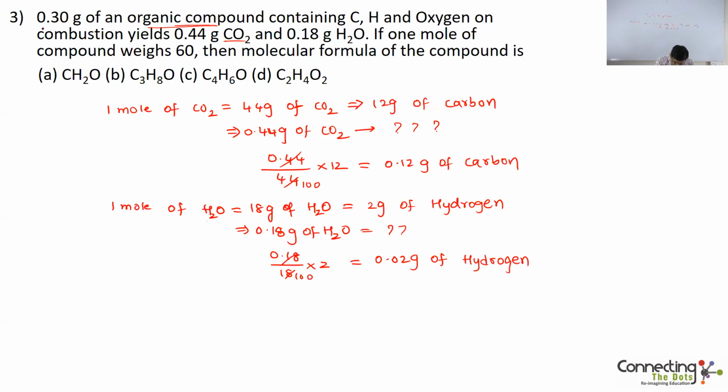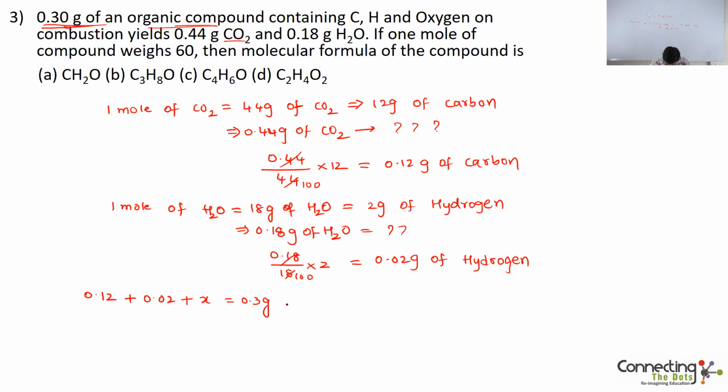So the total mass of the organic compound is 0.3. We know carbon, we know hydrogen. So obviously if you subtract carbon and hydrogen from 0.3, you will get the amount of oxygen present in the sample. So let us do that. The total is 0.3. Carbon is 0.12 plus 0.02 plus X, that is for oxygen, equal to 0.3 grams.